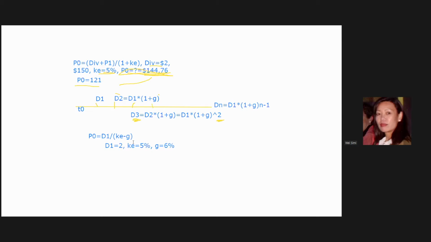So it cannot be negative. That means in a case like this, you cannot use the model, that's all. Theoretical is theoretical, reality is the real world. This model is too good to be true, so only in certain things can you use it. The company is growing so fast and the required rate of return is lower than that. In that case, you cannot use it. It's a very simple answer.